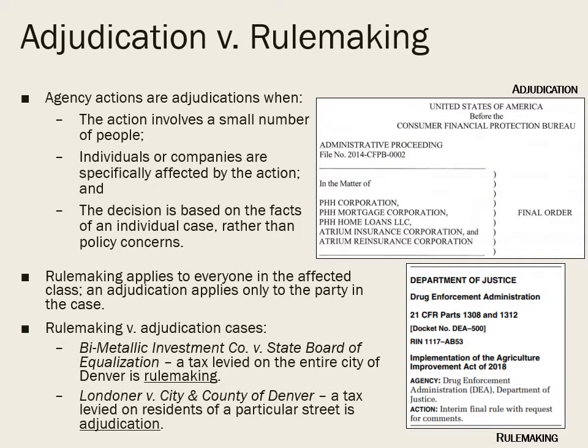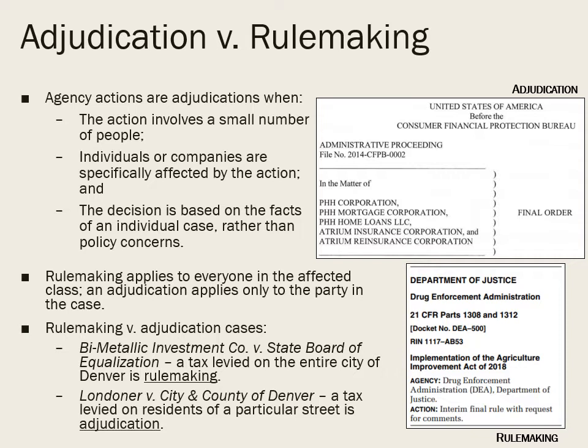Now, sometimes it can be challenging to tell an adjudication from a rulemaking. For example, there are two different matters, both cases, involving taxes levied on Denver residents, one of which is a rulemaking and one an adjudication. So rulemaking creates regulations that apply to a class of similarly situated people, whereas an adjudication only applies to the parties in that particular matter.